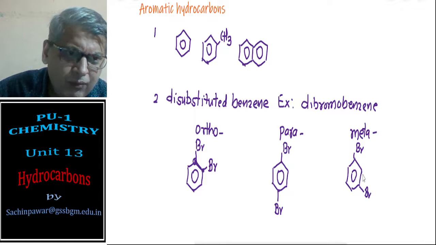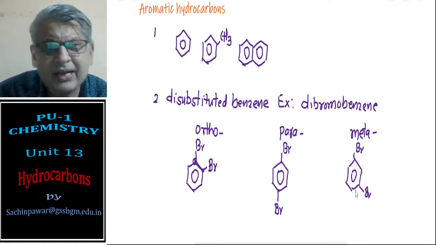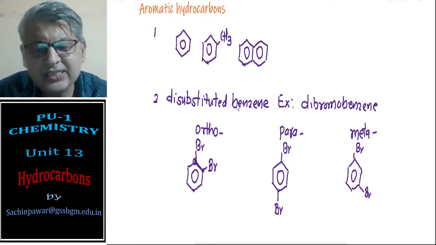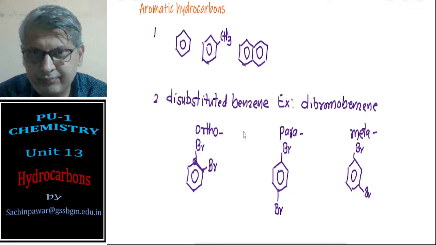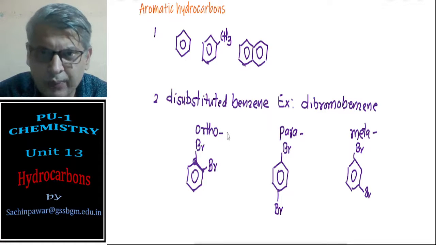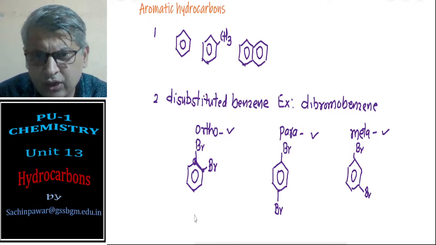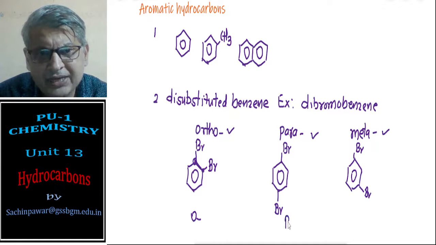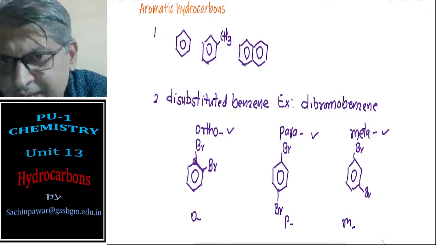That is, leaving one carbon atom, the two carbon atoms are substituted. Then it is called meta position. Only such three products are possible: ortho, para, and meta. These are accepted in IUPAC nomenclature as well, and they can be short formed as o-, p-, and m-. So these are the examples of aromatic hydrocarbons.